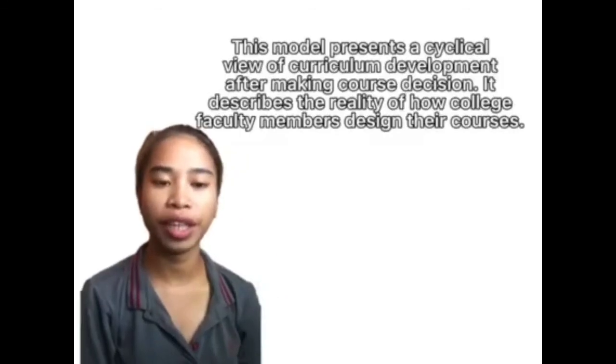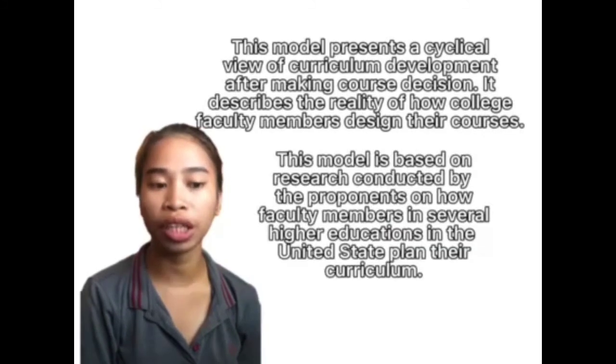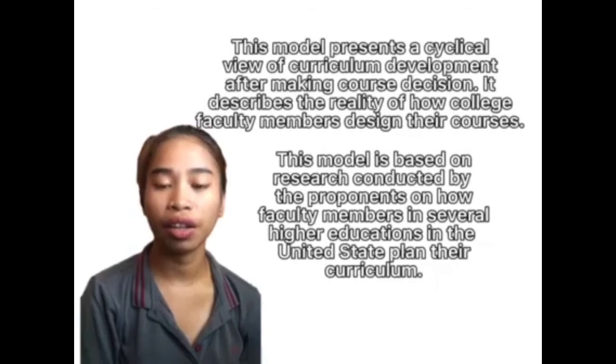This model presents a cyclical view of curriculum development after making course decisions. It describes the reality of how college faculty members design their courses, and also this model is based on research conducted by the proponents on how faculty members in several higher educations in the United States plan their curriculum.